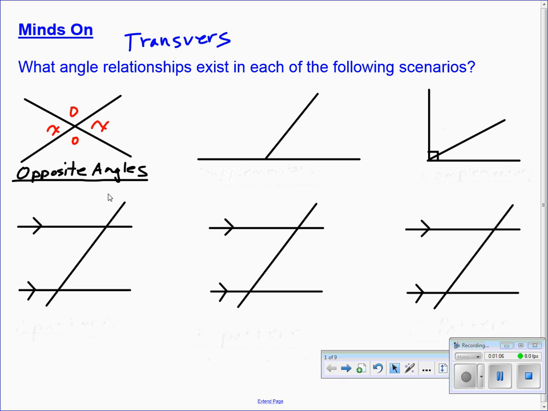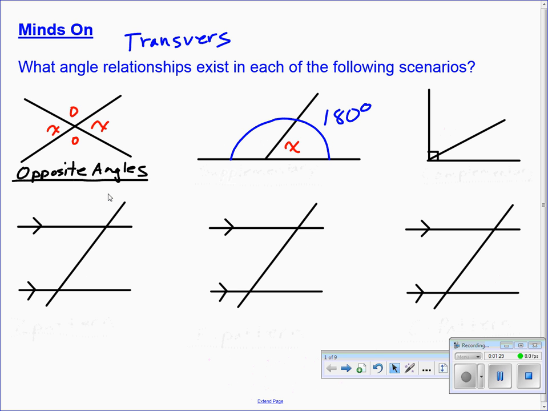Now, if I have an angle, let's say that the small angle of this one here is x. You know that one line that goes from here to here is 180 degrees, right?